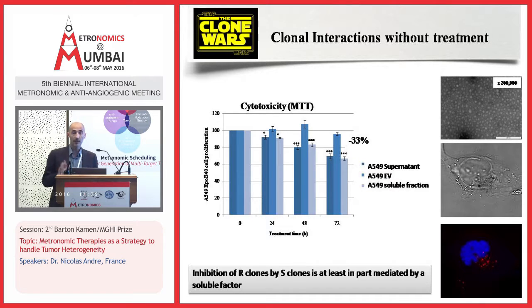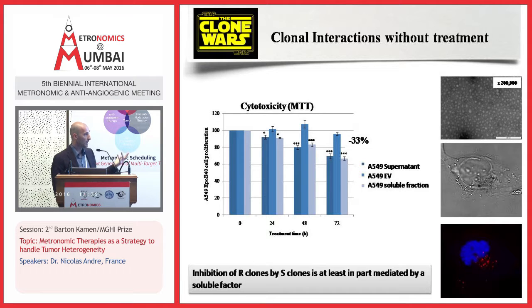So we wanted to be slightly more precise, so we separated the extracellular vesicles from the supernatant and tested the whole supernatant, which had 33% inhibition. The extracellular vesicles didn't do anything, and the subfraction of the supernatant was able to do pretty much the same as the total supernatant.